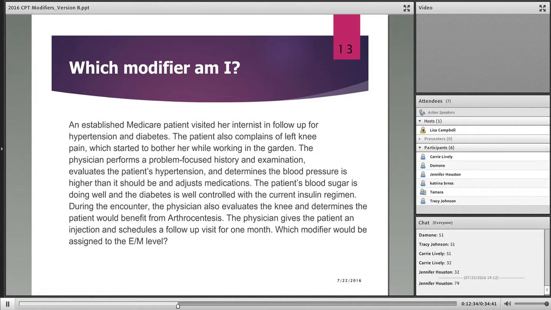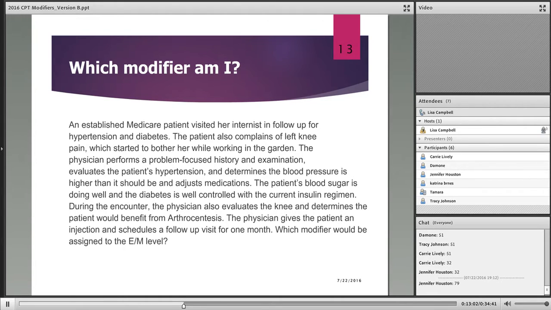Next up, an established Medicare patient visited her internist in follow-up for hypertension and diabetes. The patient also complains of left knee pain, which started to bother her while working in the garden. The physician performs a problem-focused history and exam and evaluates the patient's hypertension and determines the blood pressure is higher than it should be and adjusts the medications.